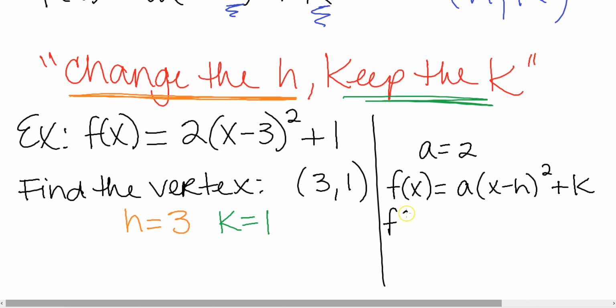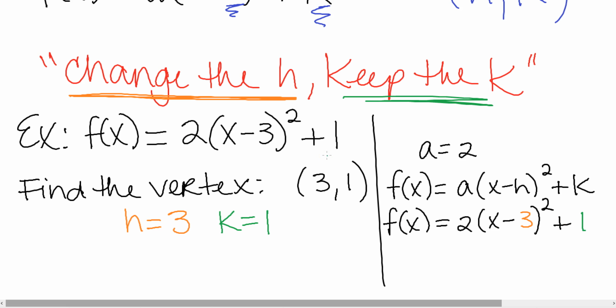Okay, so that would be f(x) equals 2 times (x minus 3) squared plus k, which is 1. And you see how this is exactly the equation we started with.